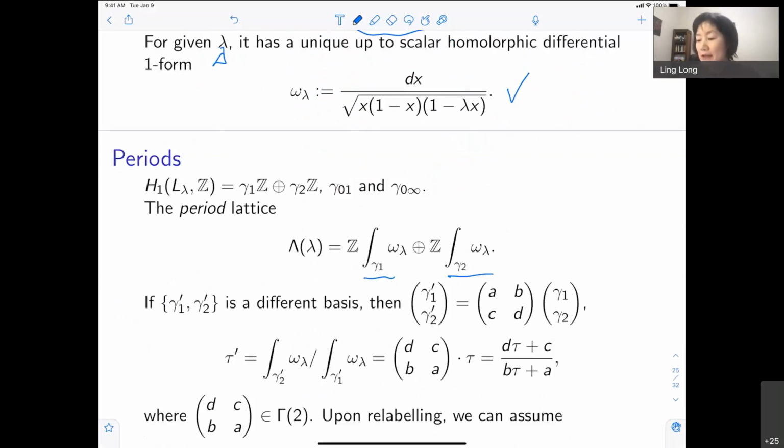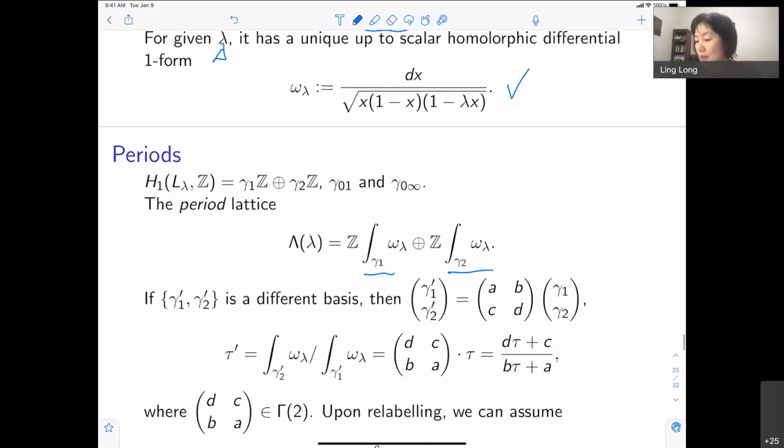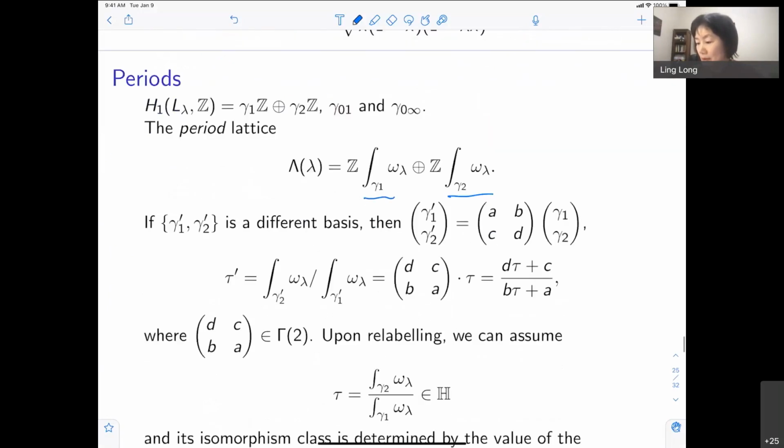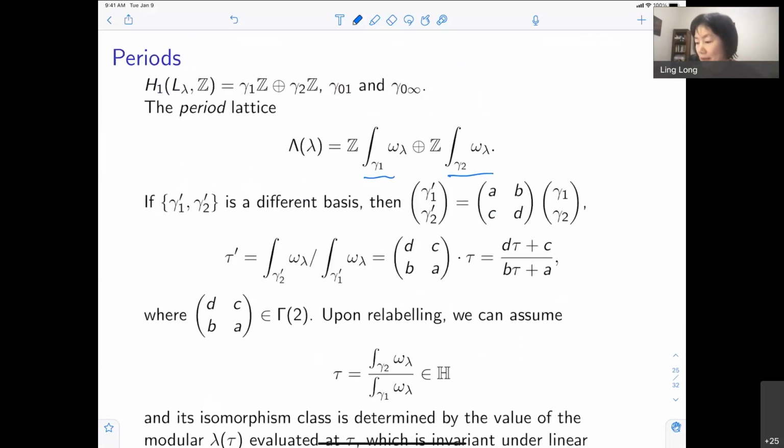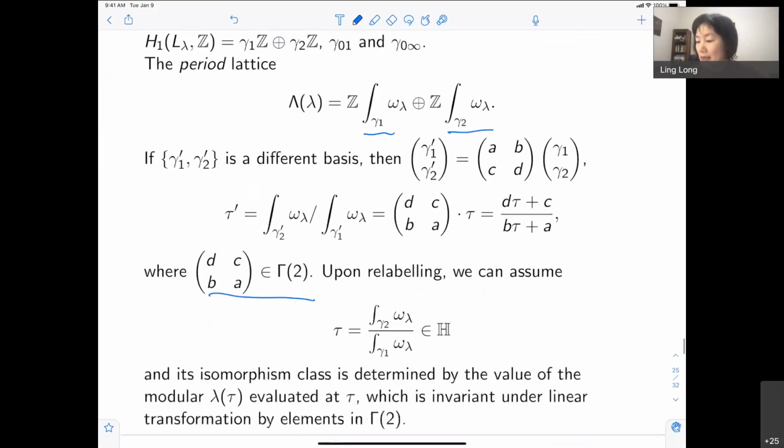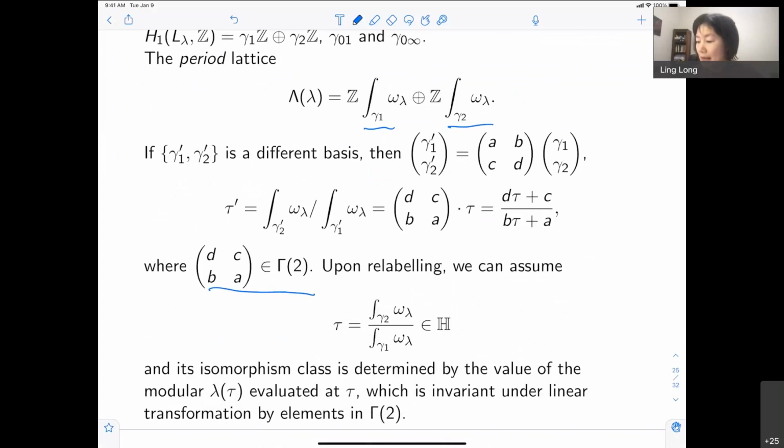And if you pick a different basis, it doesn't change too much. The corresponding Schwarz map differs by a matrix inside Gamma 2, all right? And up to relabeling, we can assume that the ratio over here is lying in the upper half plane, okay?